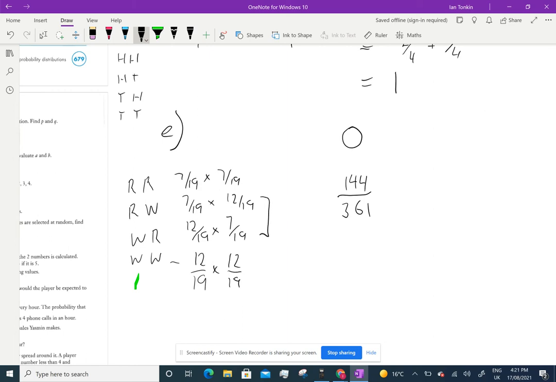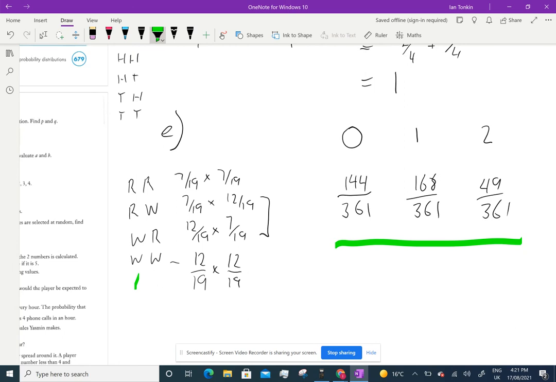What about these two, where I get 1 red counter? Well, that's those two added together, which is 168 on 361. What's the chance of getting 2 reds? Well, that's 49 on 361. Remember, all these 3 things must add up to 1.